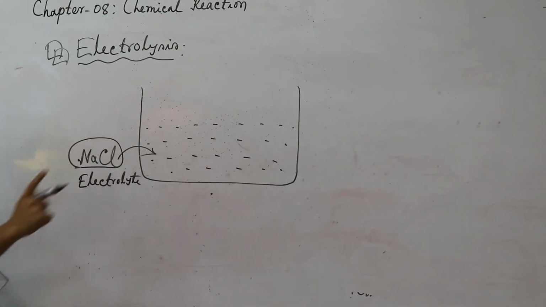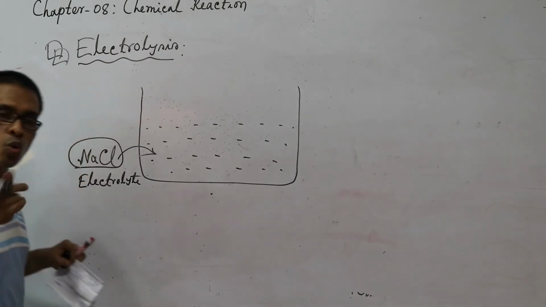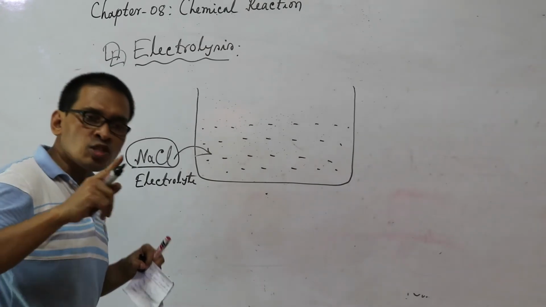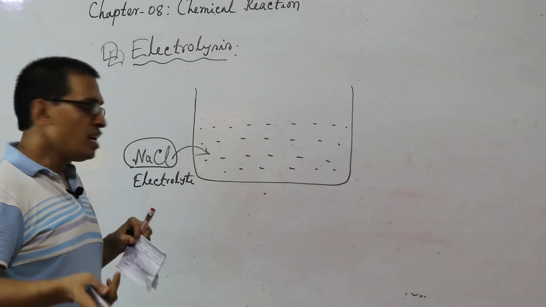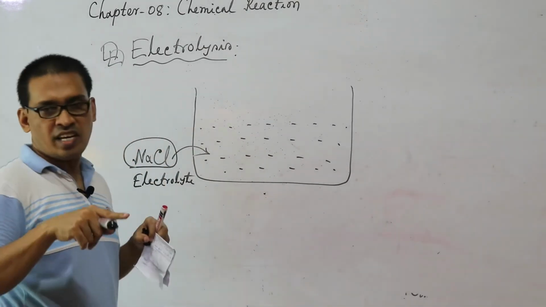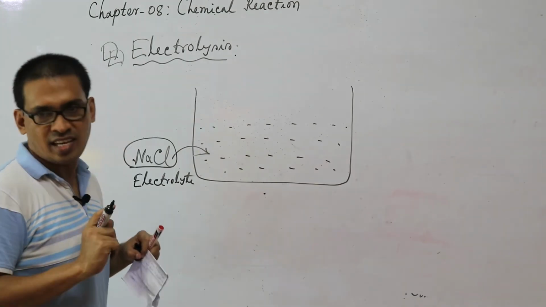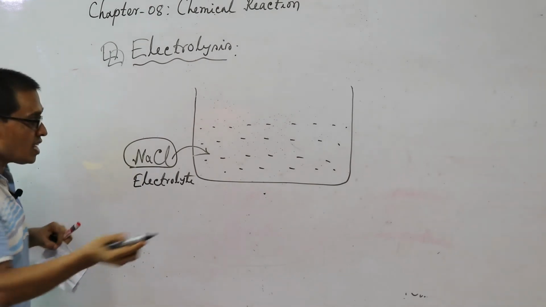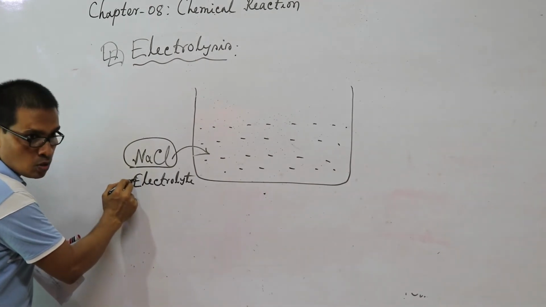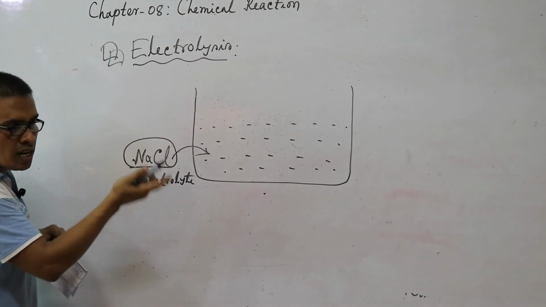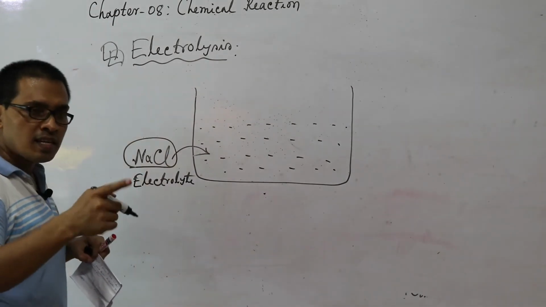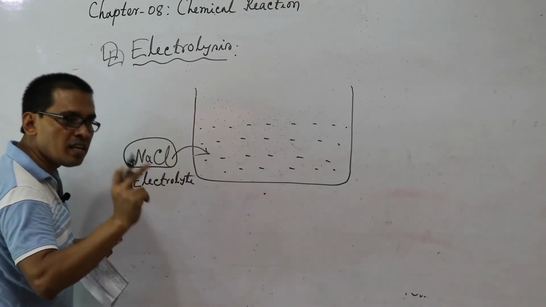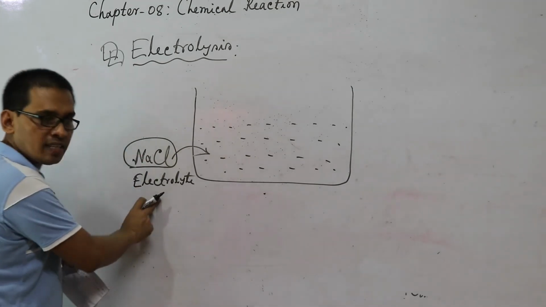The definition is that the substance which allows electricity to pass through it in its molten state or dissolved state is called electrolyte.